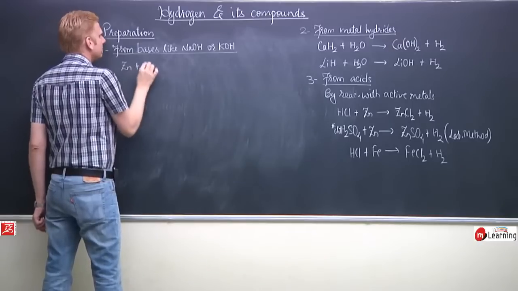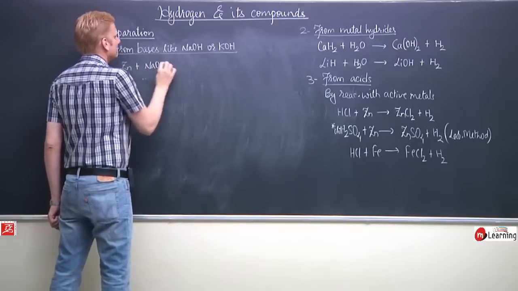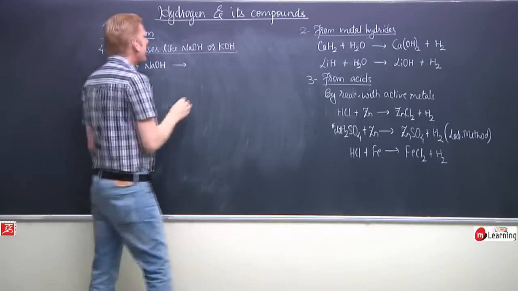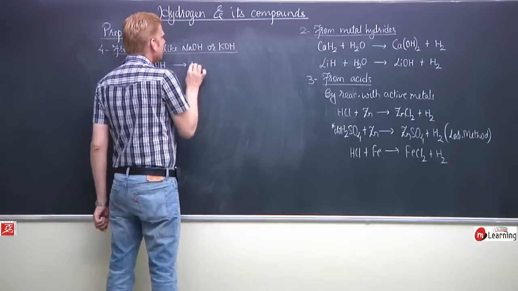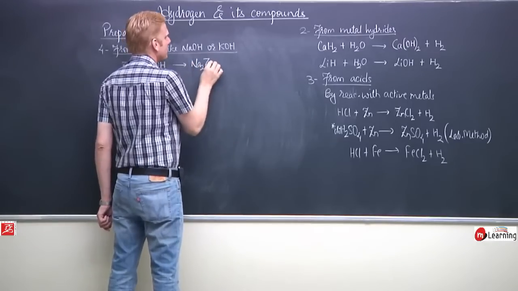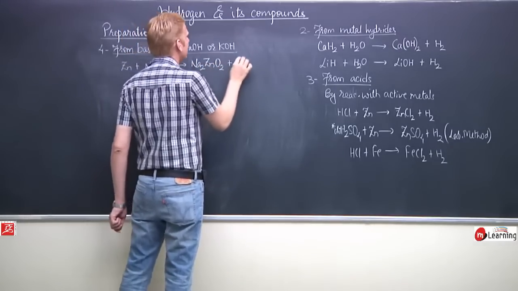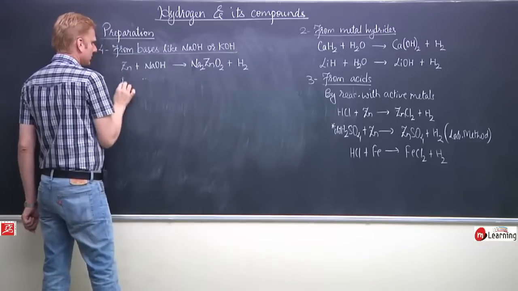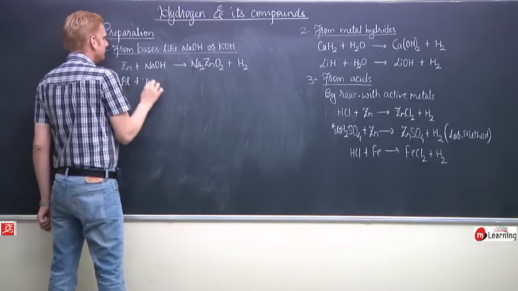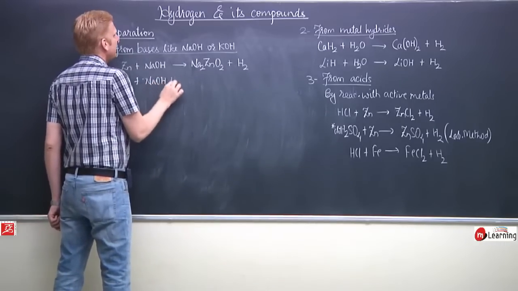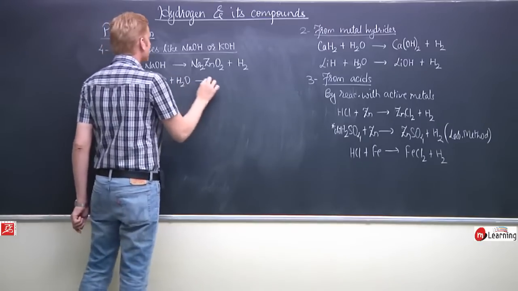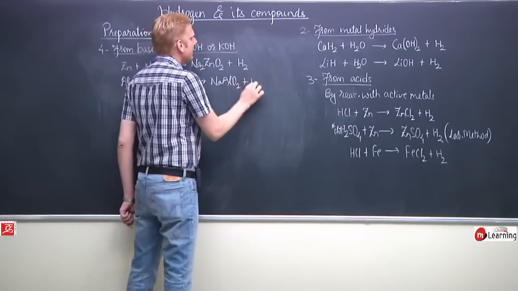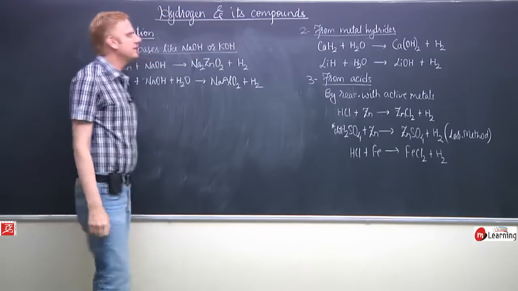Metals like zinc, aluminium, etc. react with NaOH and form sodium zincate and liberate hydrogen. Aluminium, when reacted with NaOH solution, forms a product, sodium meta-aluminate, and liberates hydrogen.